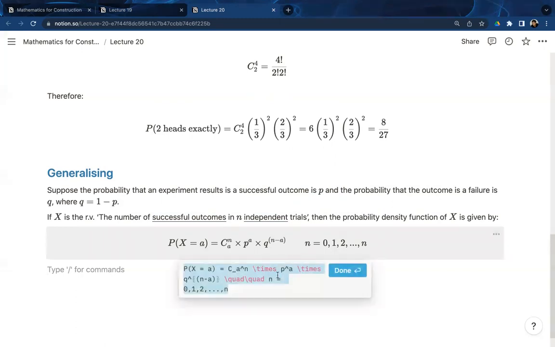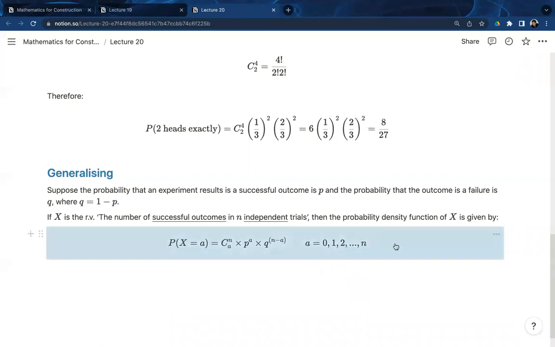This should be A, sorry. A can have different values. It's a discrete variable. So X could go 0, 1, 2, up until n because you have n trials.